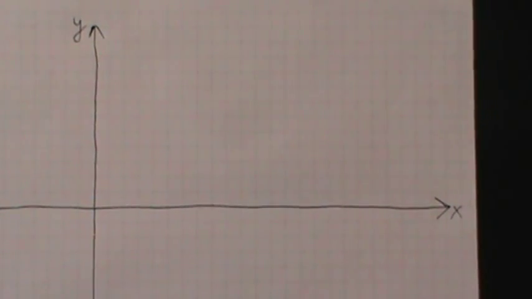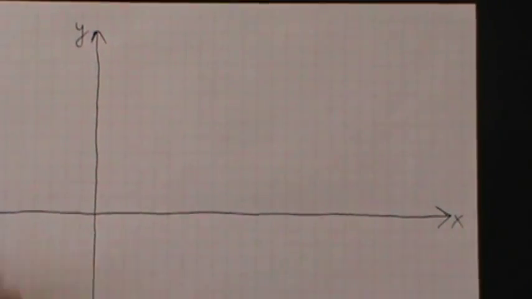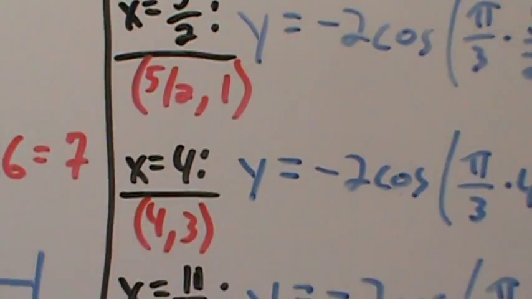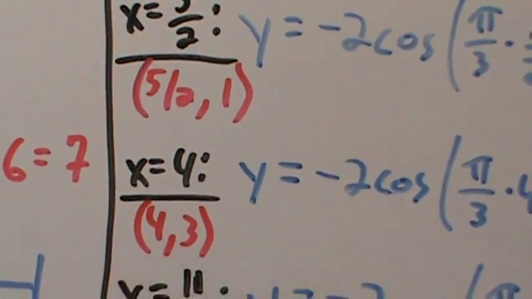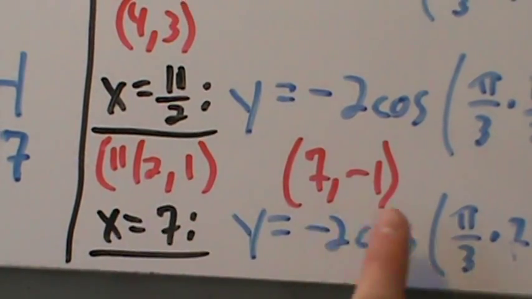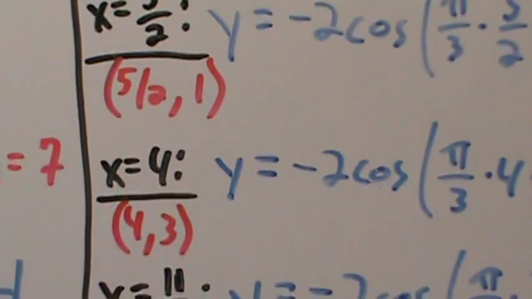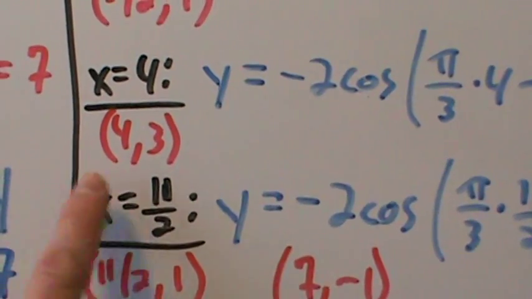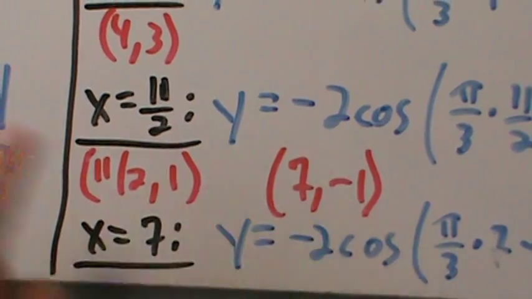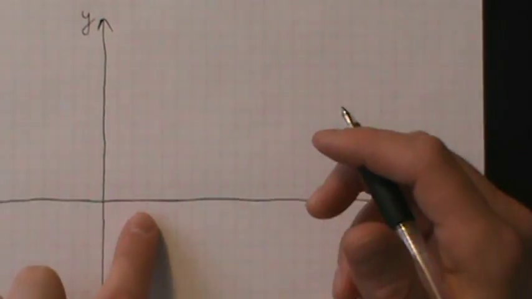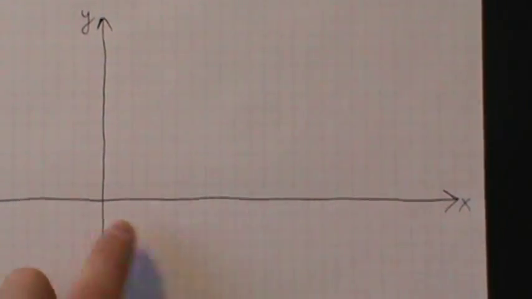All right, now we're going to have to set up a scale before we move on. So let's look at what kind of numbers we have. 1, -1, 5 halves, 1, 4, 3, 11 halves, 1, 7, -1. So let's just look at the x-coordinates. That's 1, 2.5, 4, 5.5, and 7. So what I want to do is make each of these grid boxes 1/2 of a unit.